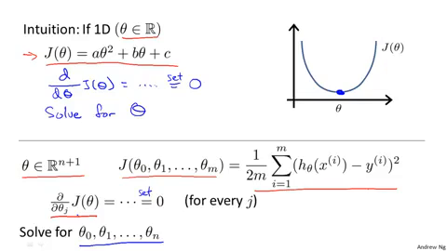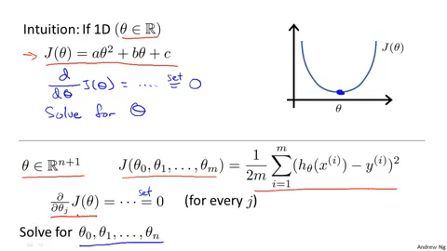And what I'm going to do in this video is actually to not go through the derivation, which is kind of long and kind of involved. But what I want to do is just tell you what you need to know in order to implement this process so that you can solve for the values of the thetas that corresponds to where the partial derivative is equal to 0, or equivalently, the values of thetas that minimize the cost function J of theta.